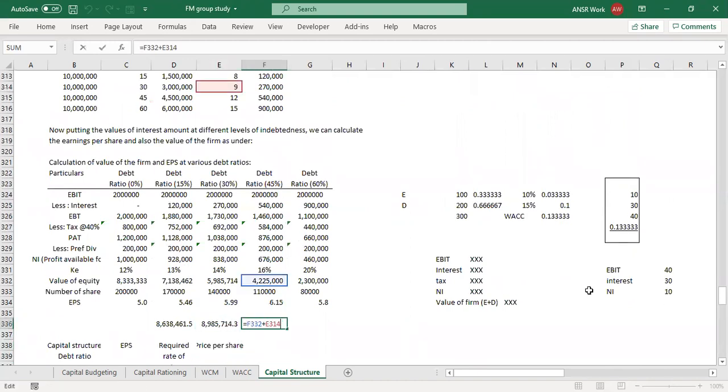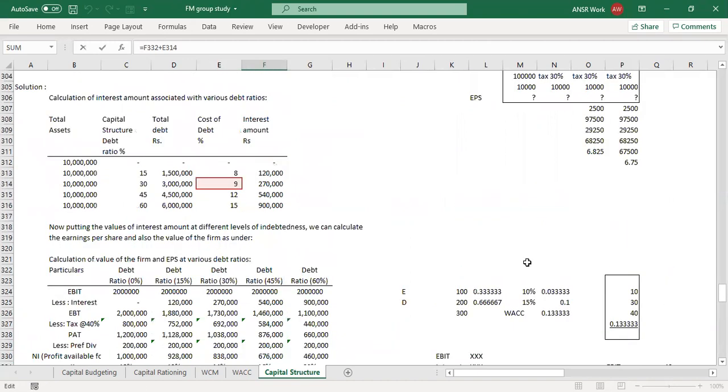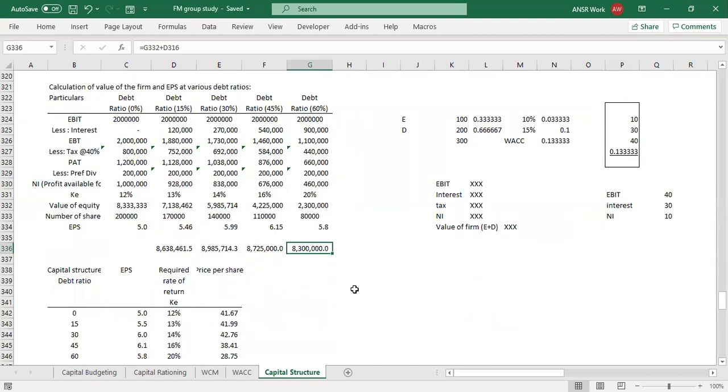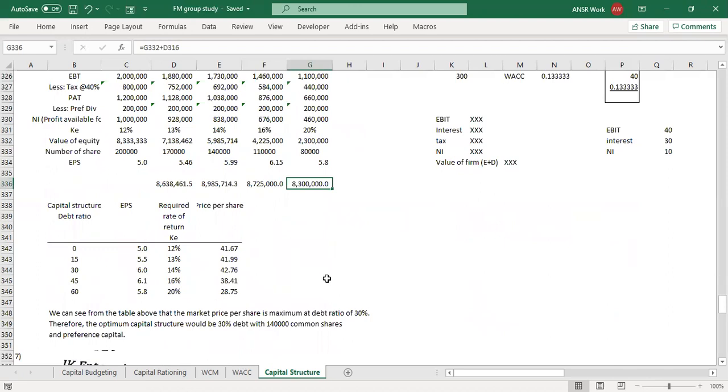Give me 1 second. Let me just quickly calculate. Value of the firm for which scenario you said? Third one, right? Third one, 30%. And third one, how much did you get? The value of the firm was 59 lakh 85,000. That is incorrect. You have only taken the equity.